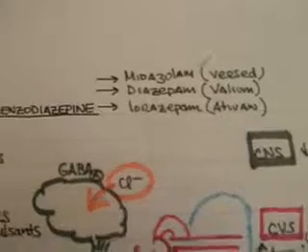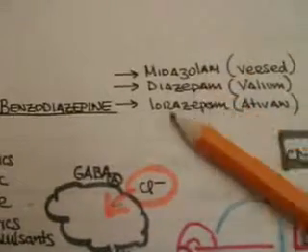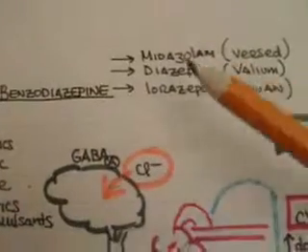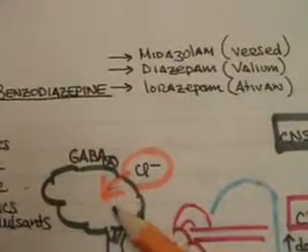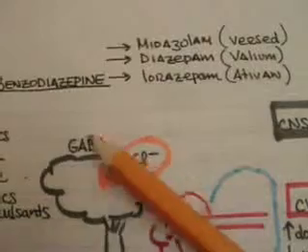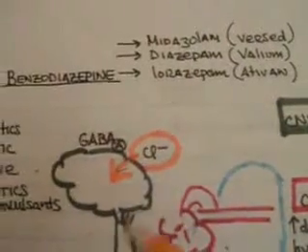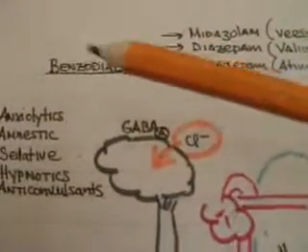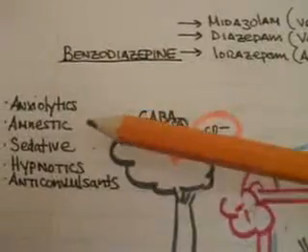As we said, these drugs stimulate the GABA-A receptors within the central nervous system, which potentiates the entry of chloride into the cell and therefore has an inhibitory effect on the central nervous system, which creates the clinical manifestations mentioned here.